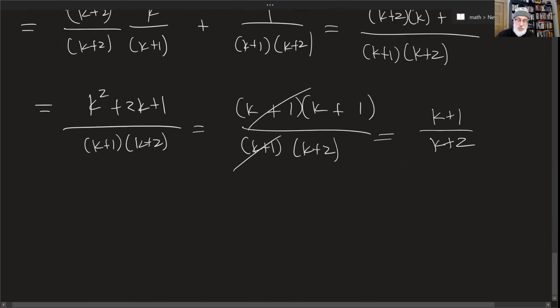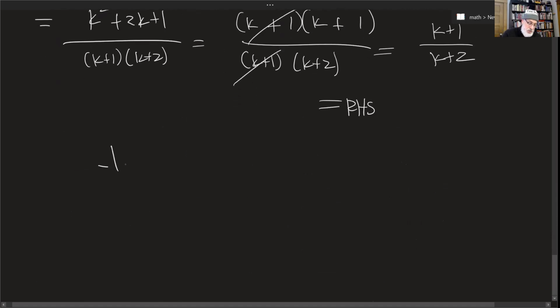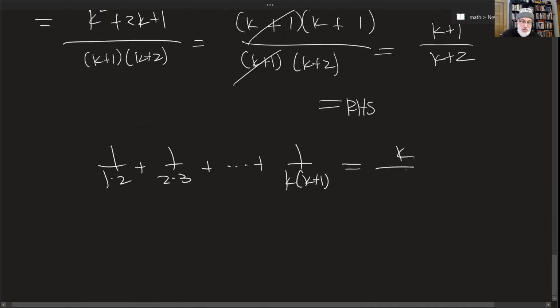So we've shown that this is equal to the right-hand side. And thus our conjecture, that 1 over 1 times 2 plus 1 over 2 times 3 plus dot, dot, dot, plus 1 over k times k plus 1 is indeed equal to k over k plus 1, is true. We can put a little box or QED. In any event, we are done.